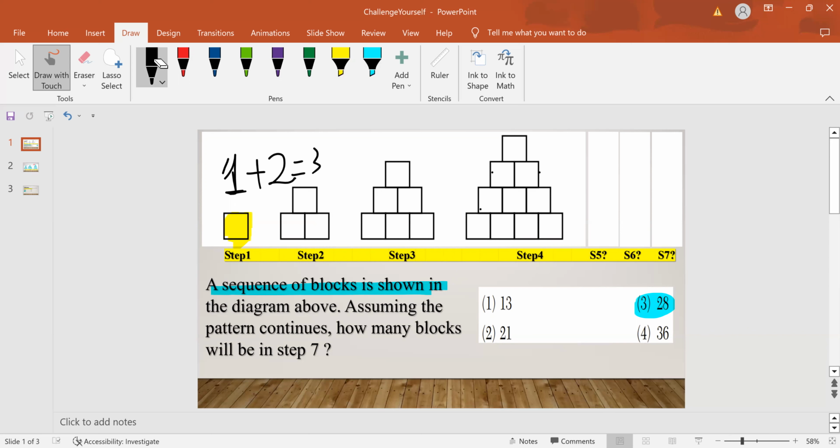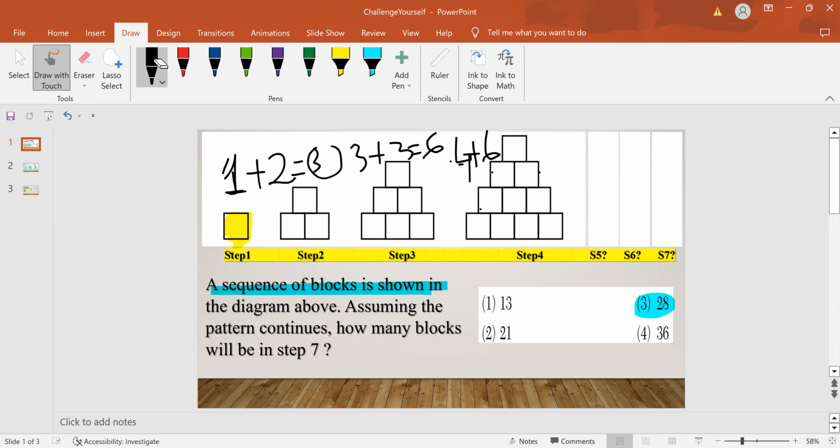Step 3, you add the 3 to the previous step. So we take a 3, we add it to 3 from the previous step, and that gives you 6. Step 4, you add the 4 to the previous one. So we add 4 to 6, that gives you 10.